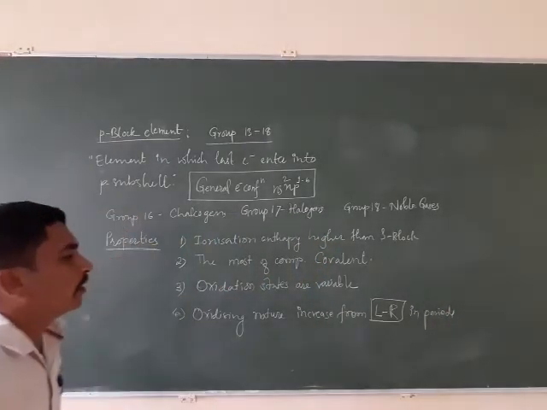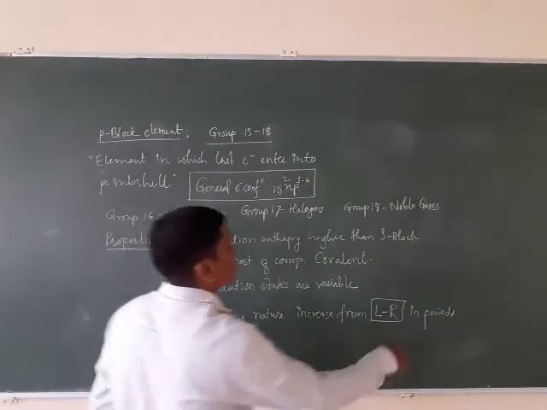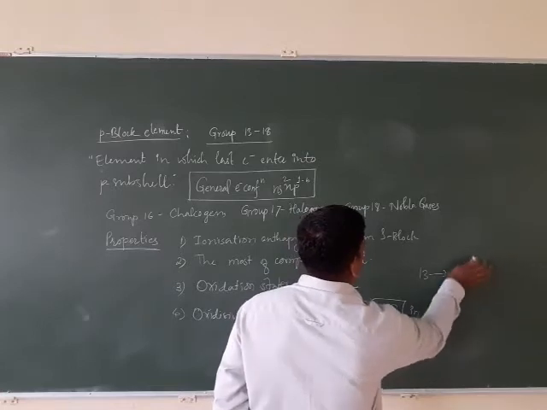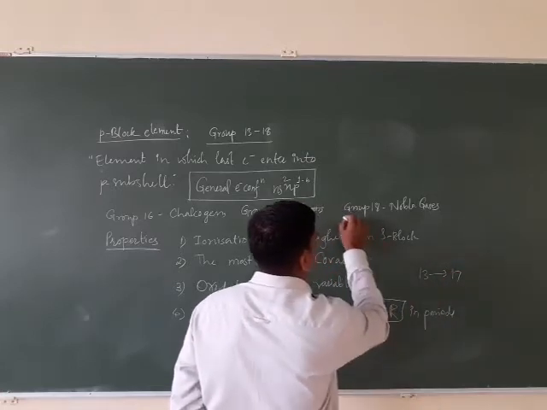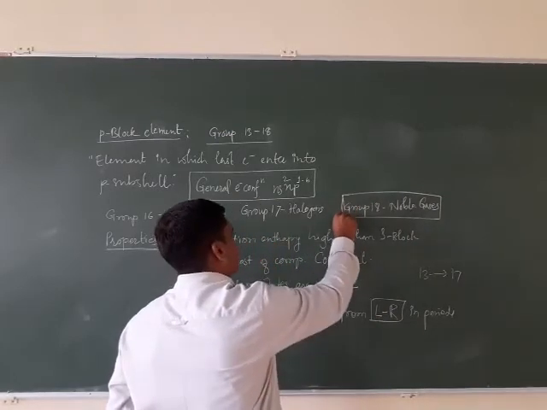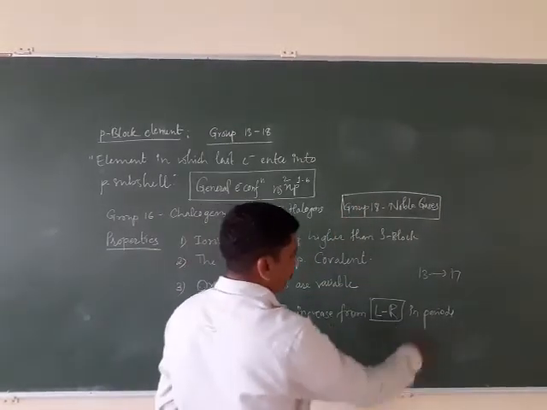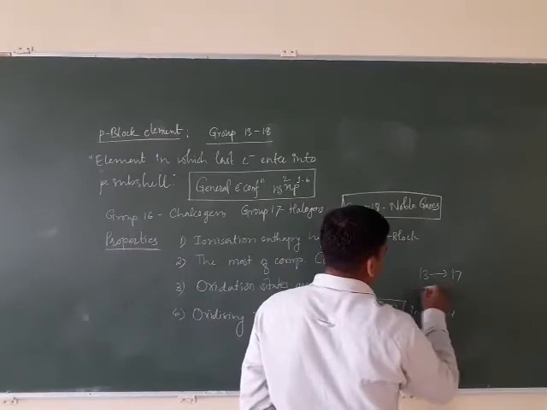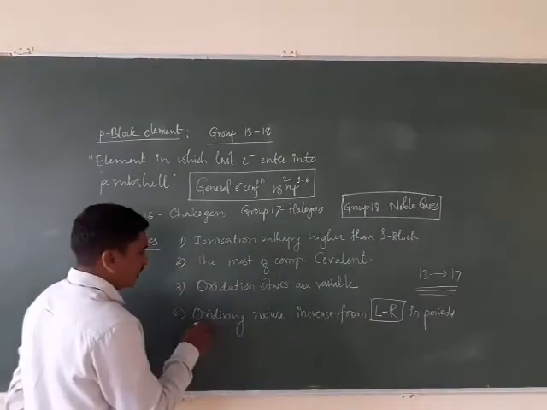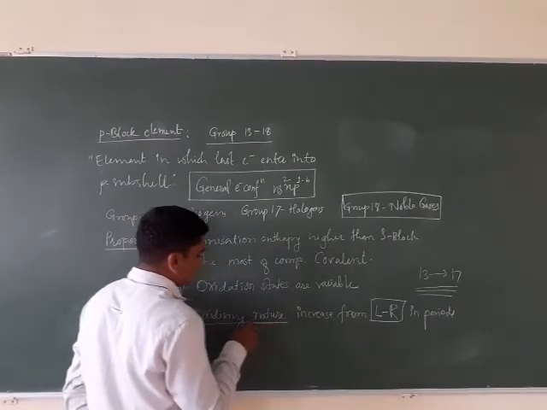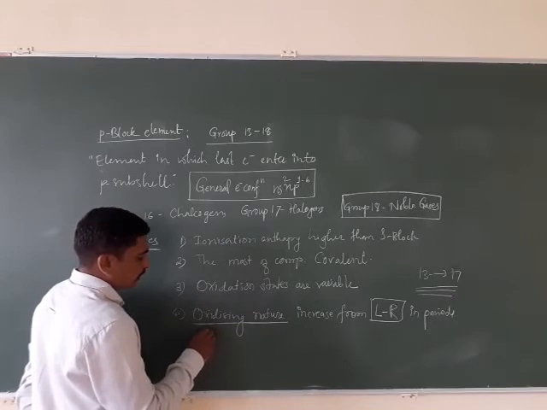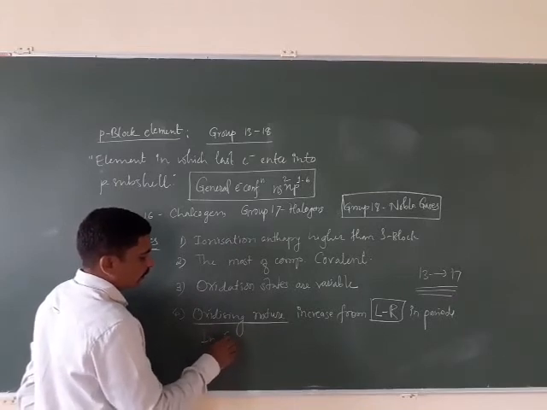What happens whenever you move from group 13 to 18, or just consider up to 17? Because group 18 normally does not take part in chemical reactions. So whenever you move from group 13 to 17 in any period, the oxidizing nature of an element increases.